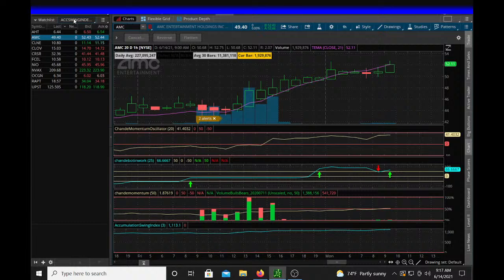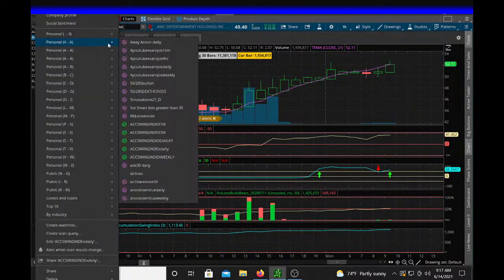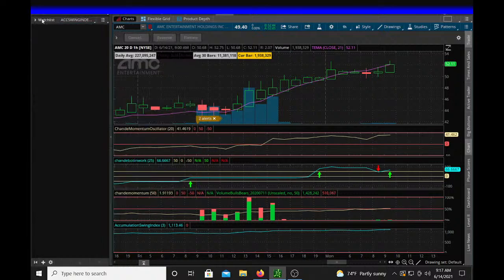All right, now let's see what other list that was. So if we can look for the accumulation swing index and the KAPOC, say on the daily and weekly.